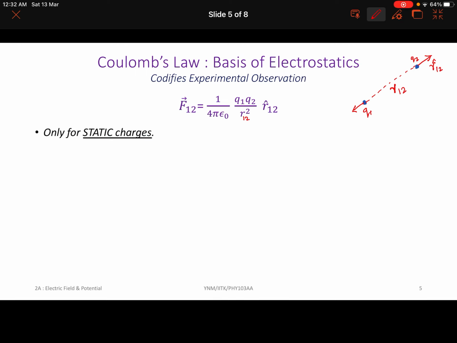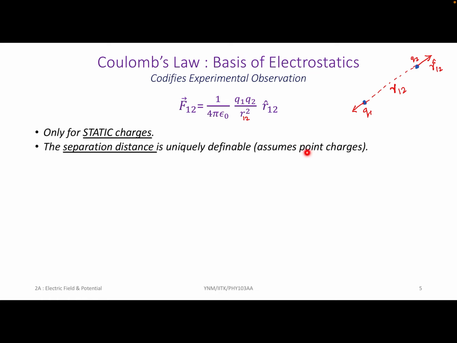But this is all about static charges. First thing is, this is electrostatics. The statement is about static charges alone. The separation distance is uniquely definable, which assumes some sort of point charges. Otherwise, if there's an extension, then you won't know where to take the distance from.